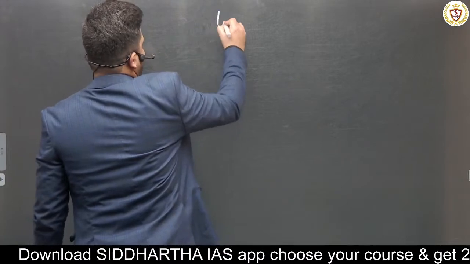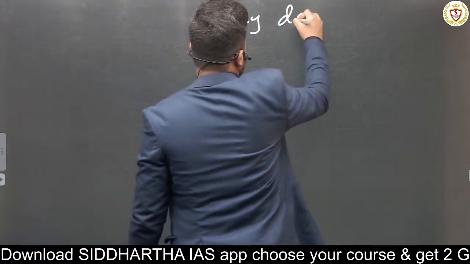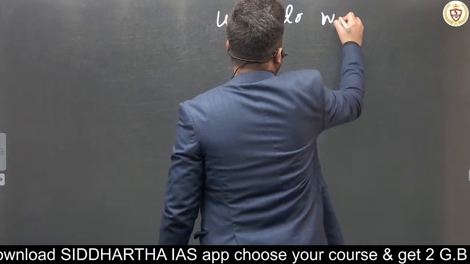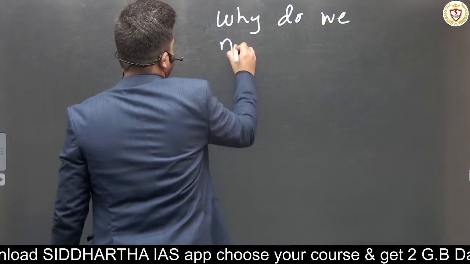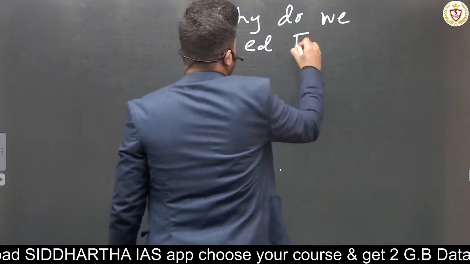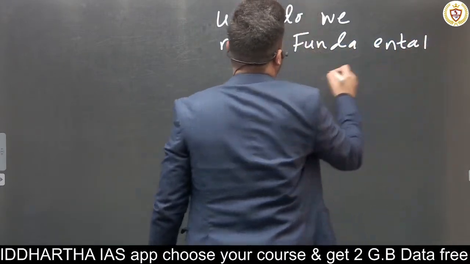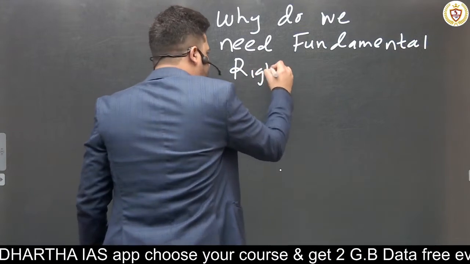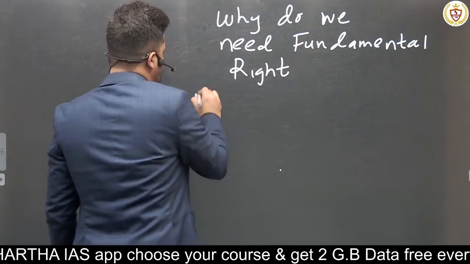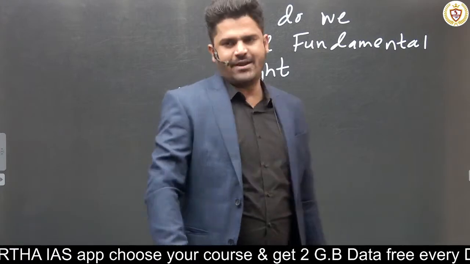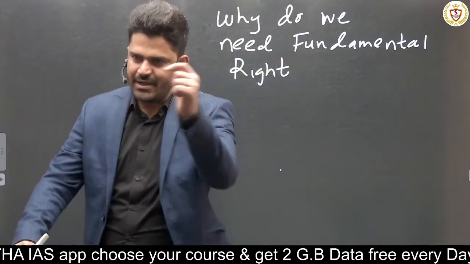So why do we need fundamental rights? This will be the last point. What is the purpose of fundamental rights? Can we live without fundamental rights? Why did the founding fathers of the Indian Constitution incorporate fundamental rights in Part 3?